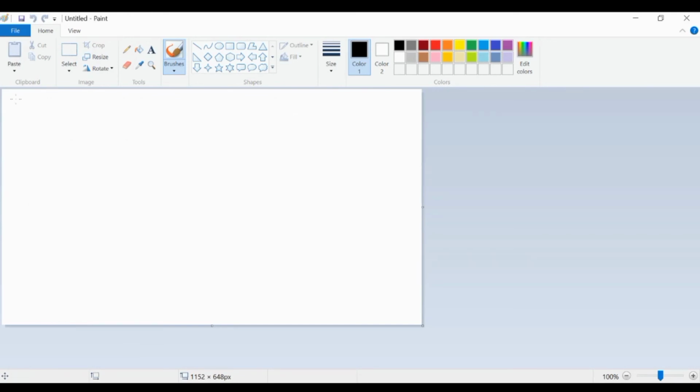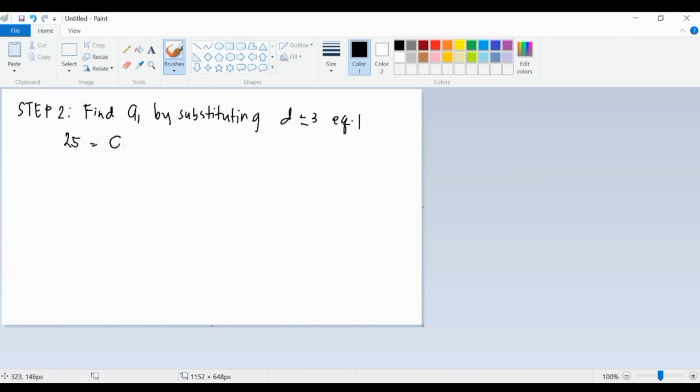Okay, so now let's have the step 2. So you're going to find a sub 1 by substituting d is equal to 3 to our equation 1. So our equation 1 from earlier, we have 25 is equal to a sub 1 plus 11 times d.